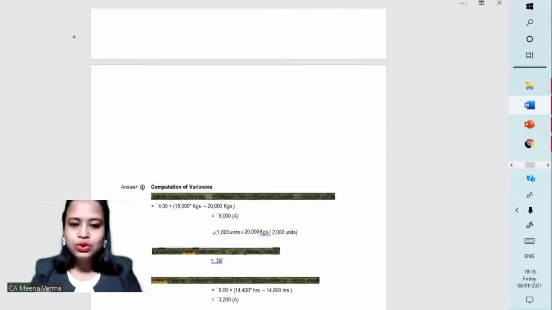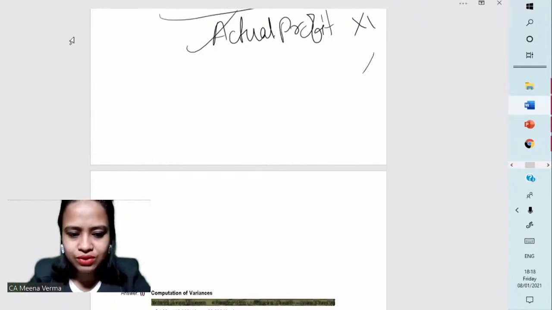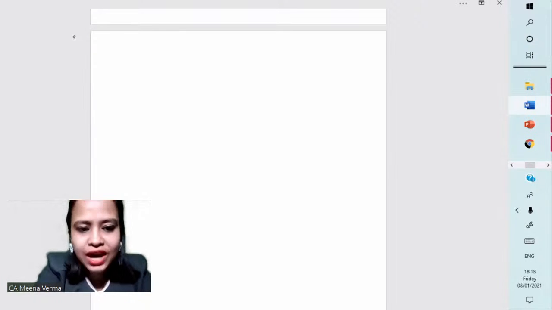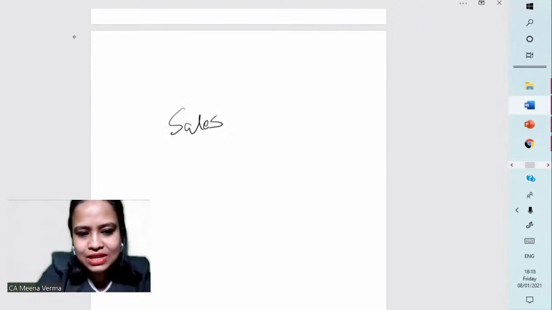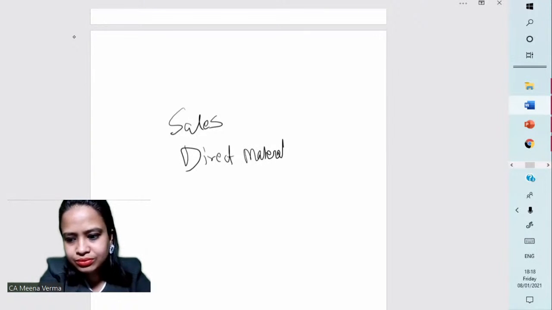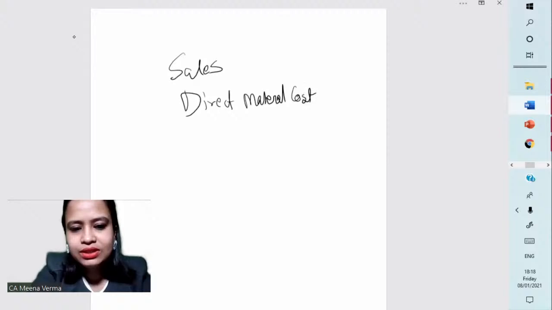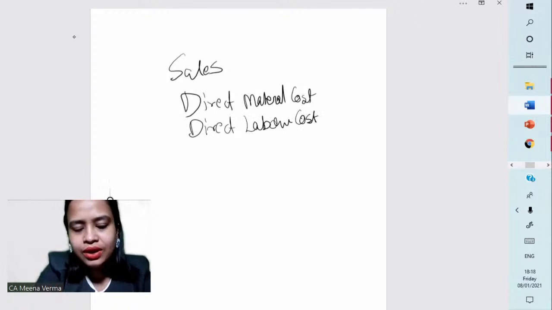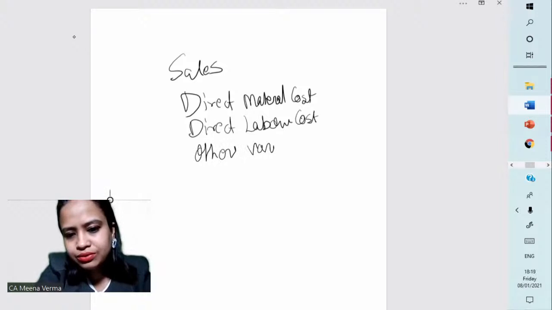Okay, so in this case what will we do? See what we have. Actually we have the sales. Out of sales we consider the material cost. Then we consider the direct labor cost. Then we consider other variable cost.